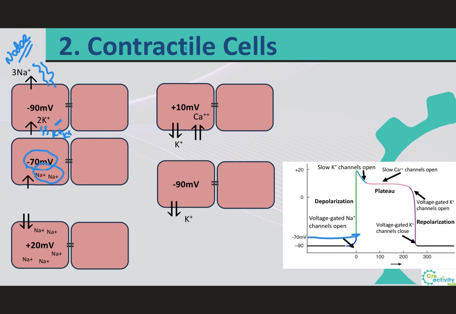Therefore, once it reaches this threshold of minus 70 millivolts, it will send a signal to other sodium-gated channels, and there will be a high influx of sodium ions inside of the cell. And this takes the voltage inside of the cell all the way up to a positive 20 millivolts. And this is what we call depolarization.